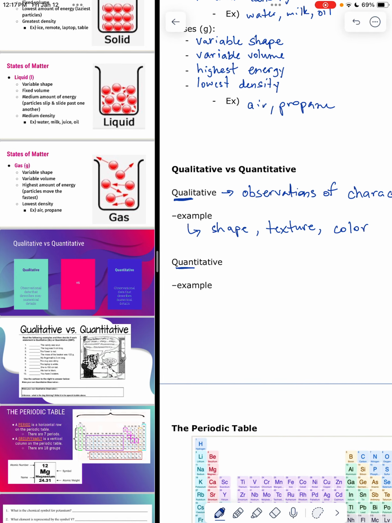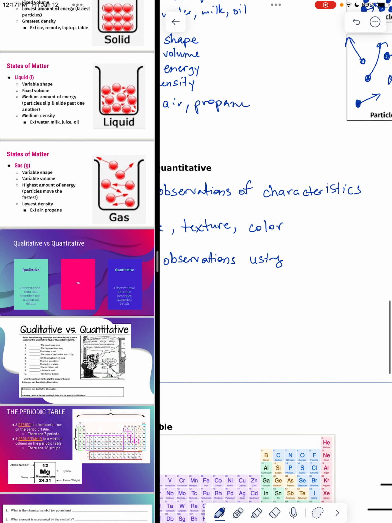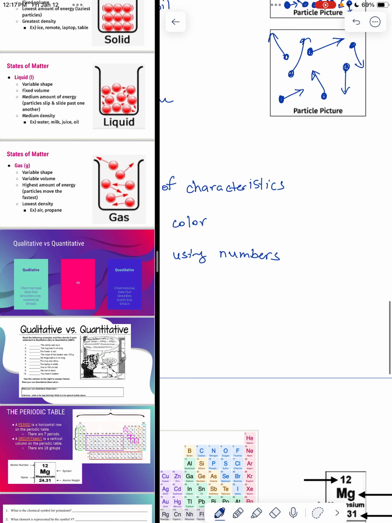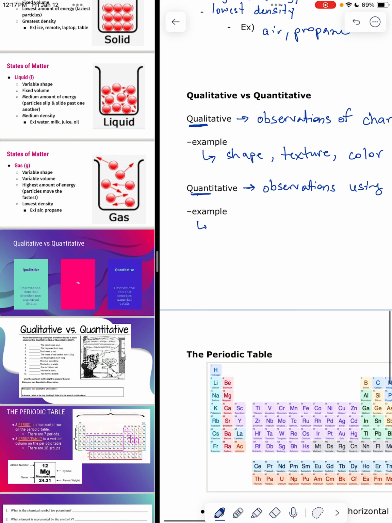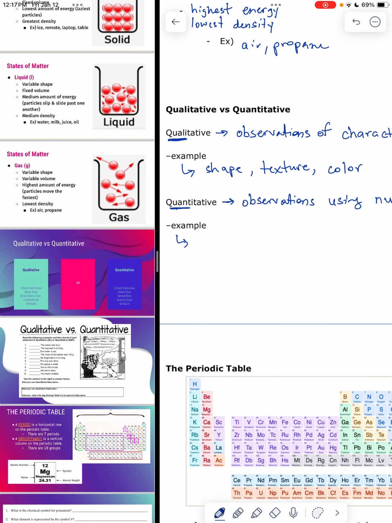Versus quantitative, and that comes from the term quantity, which now we're talking about observations using numbers or numerical data, right? Something like this, as an example, would be mass, volume, so on and so forth.